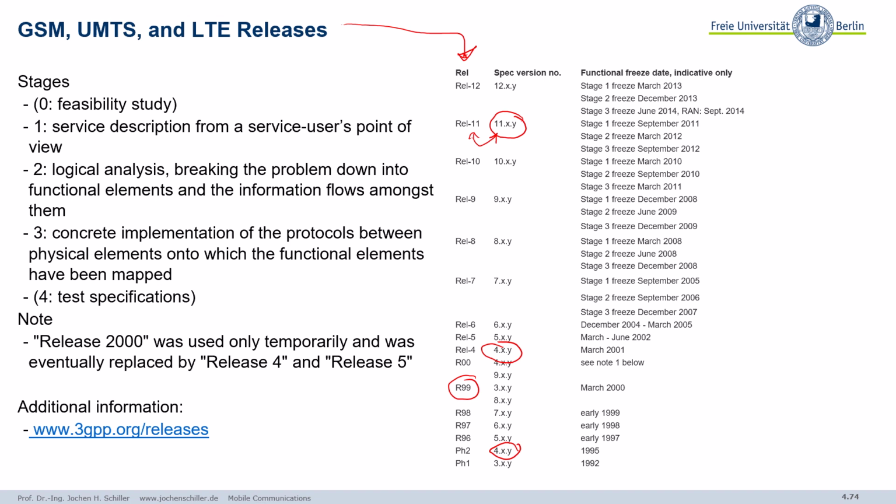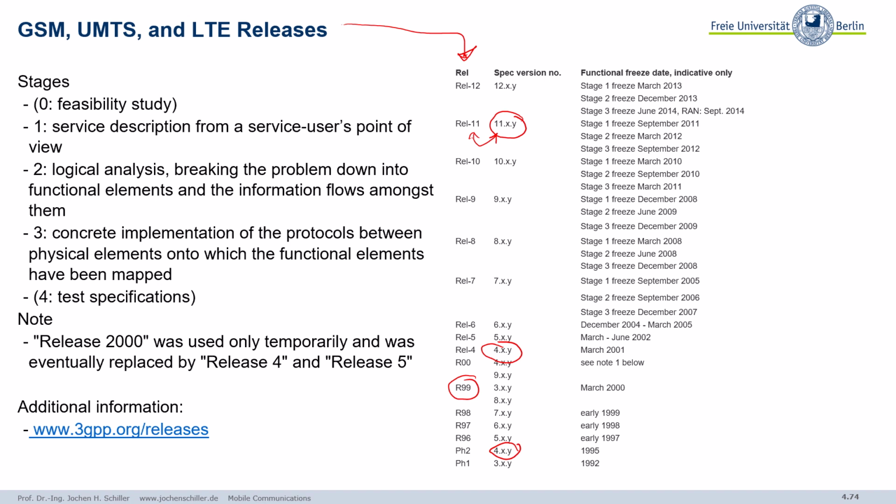Releases cover aspects of GSM still today, and UMTS and LTE, and whatever there will be, the new radio, 5th generation, etc. So you will not see the generations or a separation by technology, but you will see specifications of Release 8 that are related to UMTS and that are related to LTE.